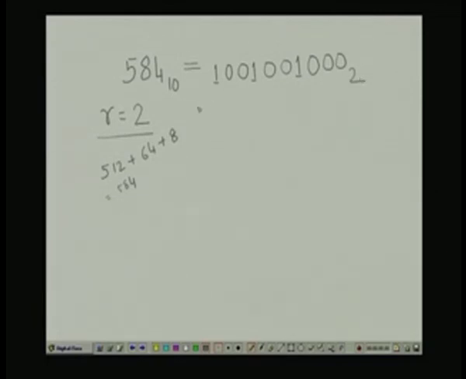Just for checking, positions are 0, 1, 2, 3, 4, 5, 6, 7, 8, 9.